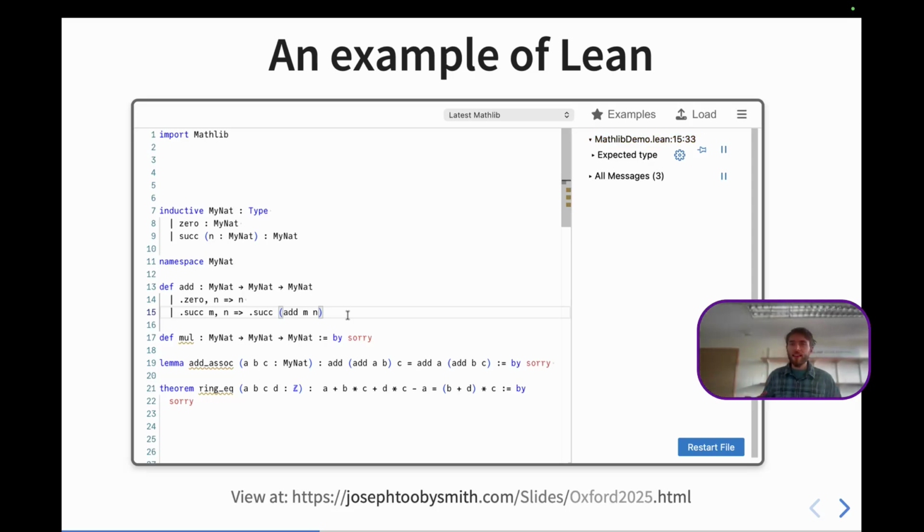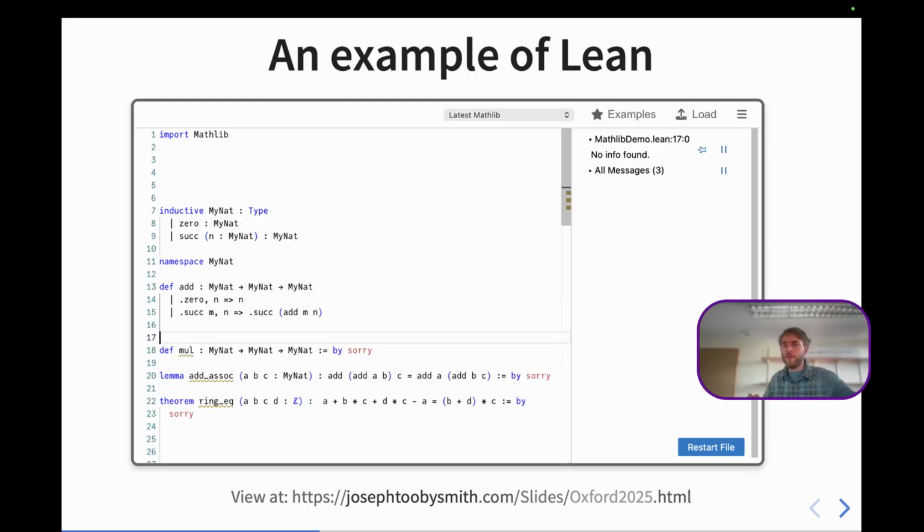And notice that this definition is something that we would call recursive in computer science. And recursive basically means that the thing you're defining is used to define it. And this is okay because this recursive call terminates, because here I have m plus 1, and here I have m. And Lean is clever enough to work out that that terminates.